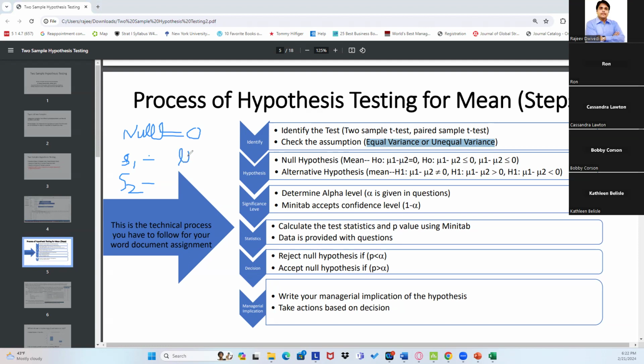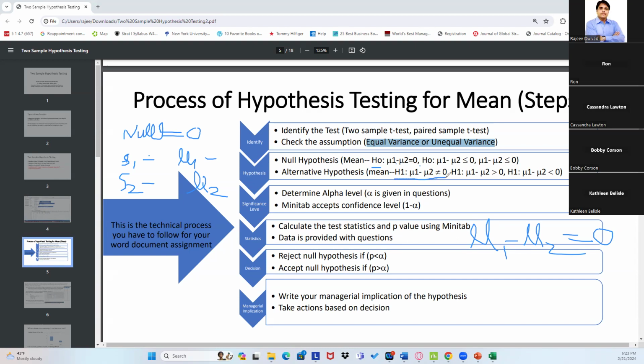So mu1 is the mean, as you know the notation, and mu2 is the second. So mu1 minus mu2 equal to 0. 0 means null. It means there is no difference between the mean of the first sample and the mean of the second, or corresponding populations. So this is what the null hypothesis is.